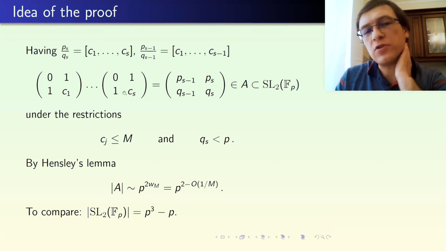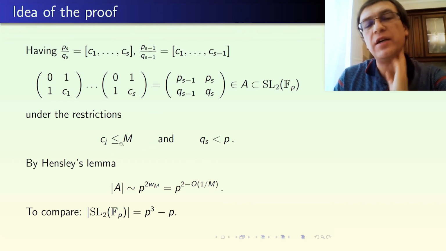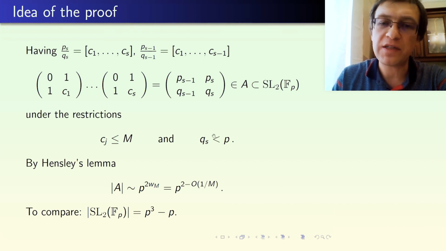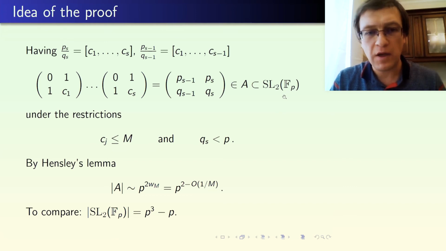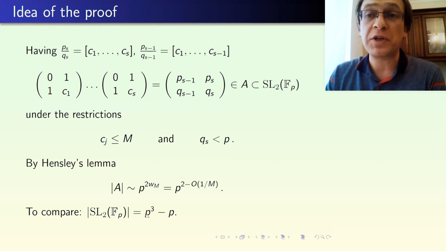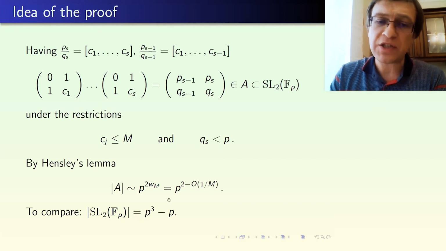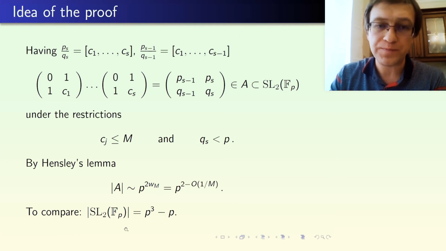And moreover, consider not all such matrices, but with our conditions, the Cj are bounded by M, and this QS is less than P. So it's just a fair product, not in FP even, but in Z. Then by Hensley's lemma, the size of A is the following quantity: P to the squared, and to compare, the size of SL2 is P cubed. So it's a large subset of SL2, but not the whole group.